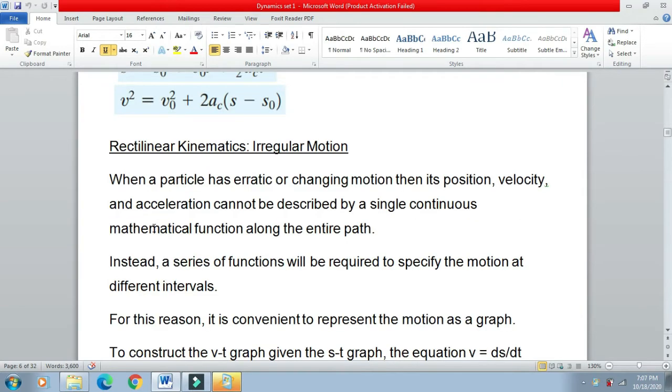Sometimes the motion is irregular. Irregular means that we do not have a single relation, for example for the velocity or acceleration for the entire motion. Suppose the object is moving and the entire time interval is, for example, 100 seconds.